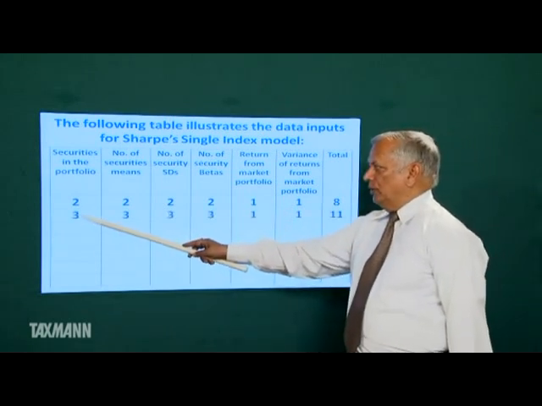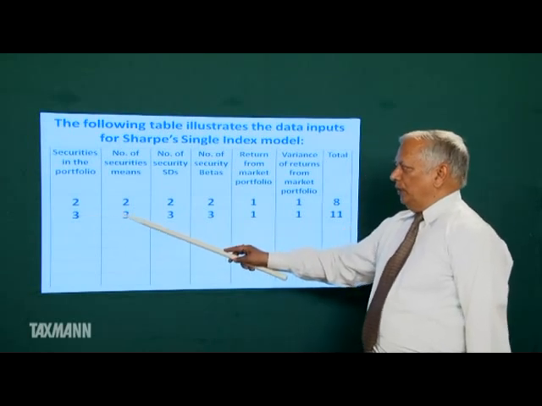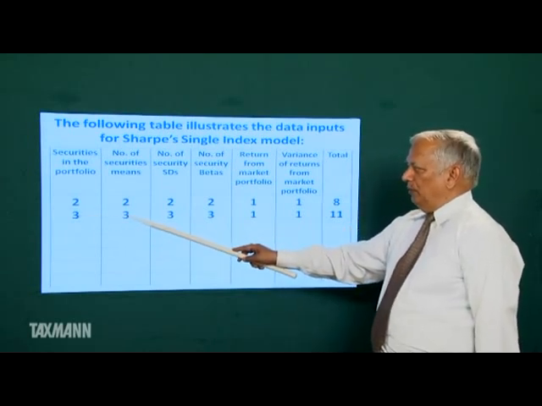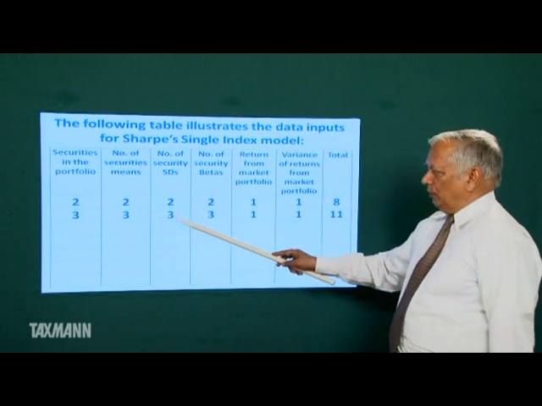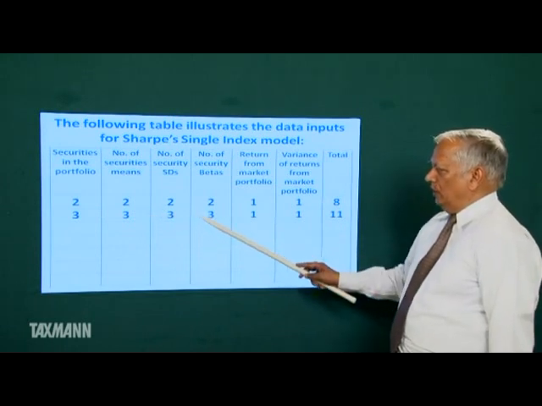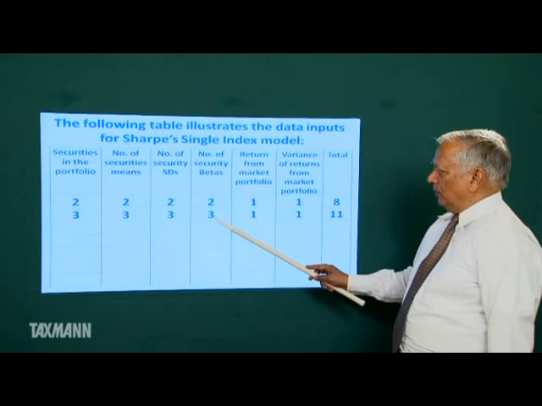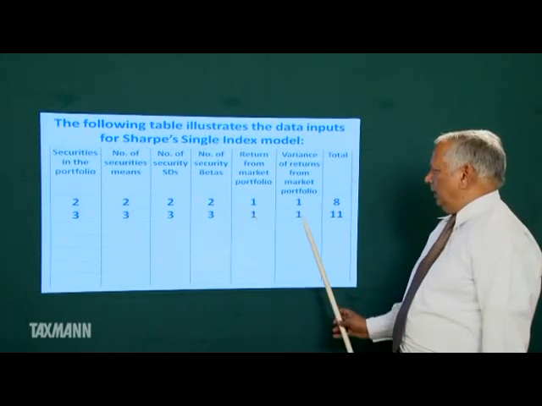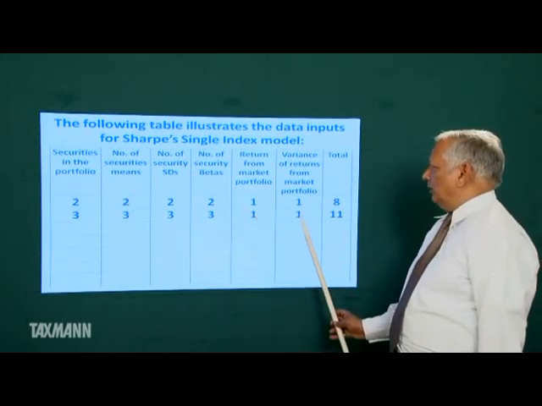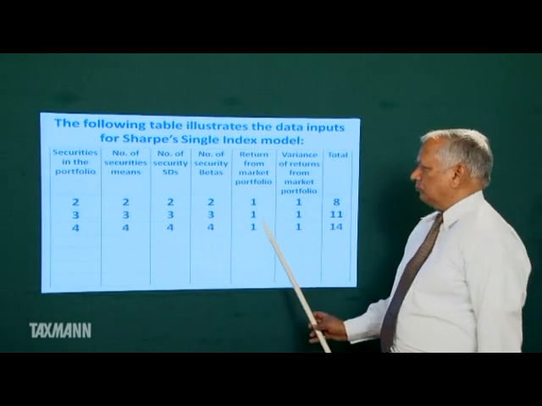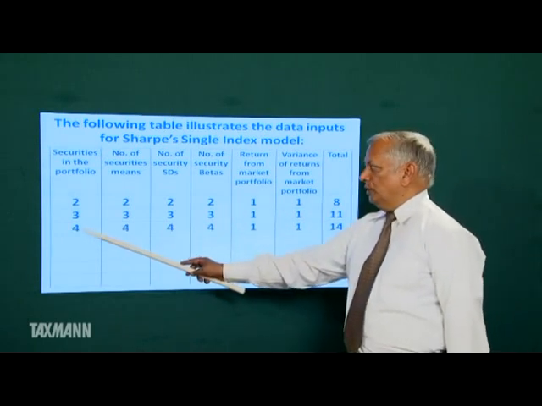Suppose three securities are there, A, B, C. We require mean of A, B, C. Standard deviation of A, B, C. Beta of A, B, C. We require RM and variance of return from market portfolio. Suppose four securities are there.